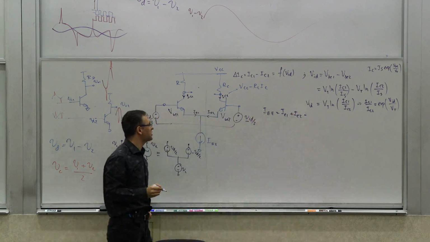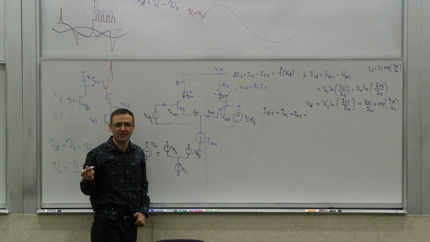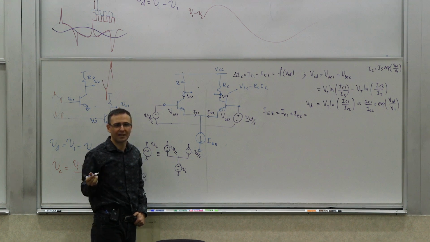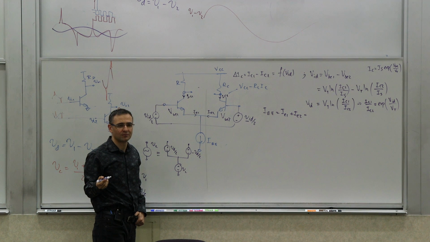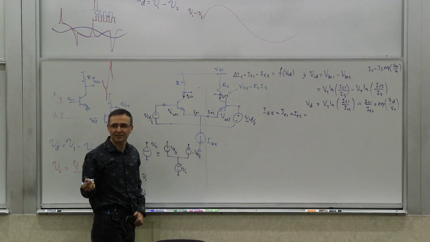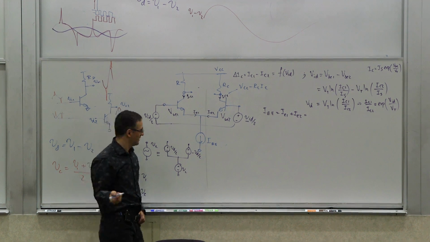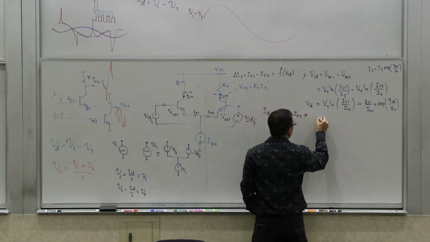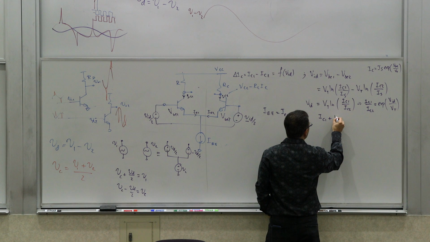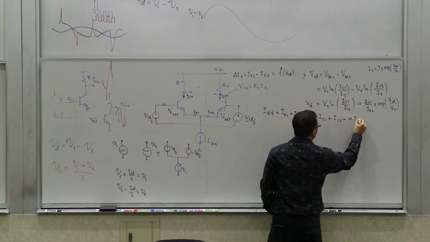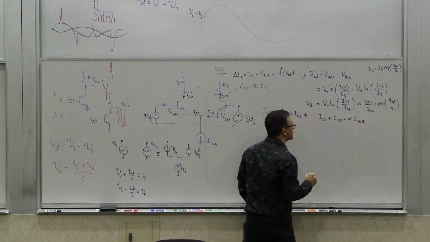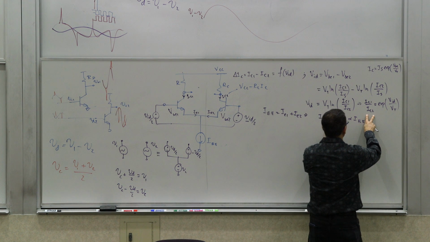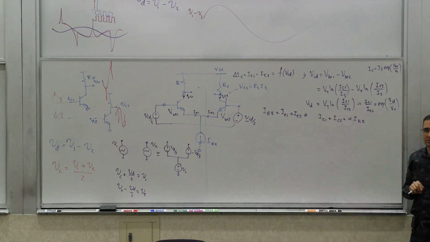But we know the relationship between IE1 and IC1 if the transistor is in forward active region, right? Which is what? How are they related? Alpha, exactly. So this is basically this divided by alpha, or in another way, basically saying IC1 plus IC2 is alpha IEE. So now you have two equations for these two, right?